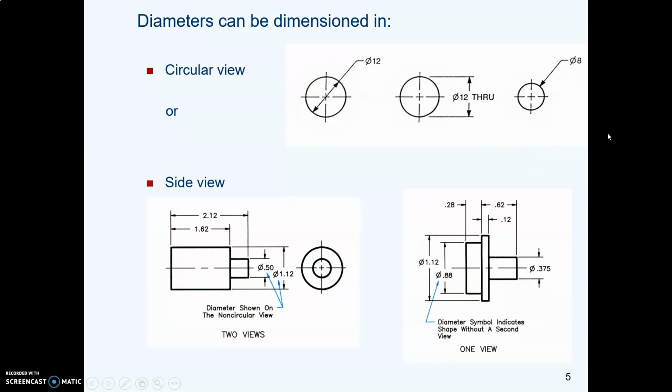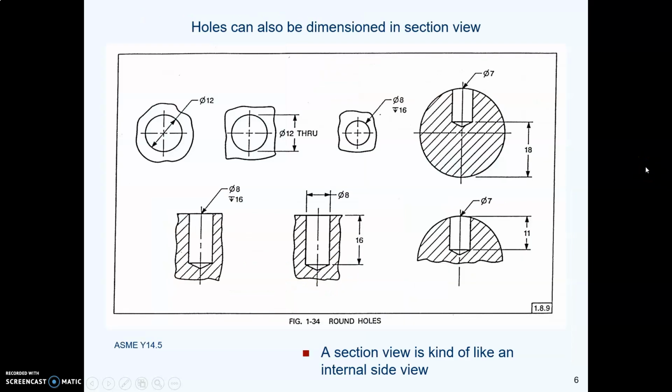Or you can dimension the thing in a side view. If your part is cylindrical, made of a cylinder, you can put the diameter dimension in that view. If you have a section view, you can dimension the holes in the section view. So here is an example of a linear type dimension, dimensioning the diameter of this hole.